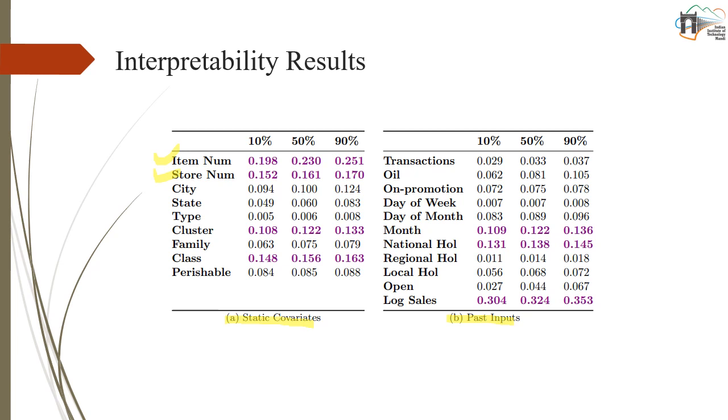When we talk about the past inputs, you can see how national holidays and the month in which we are trading and selling products had very high weightage, and very high sales were found in those scenarios. So the interpretability results made total sense of the results we were getting in our quantile forecast.